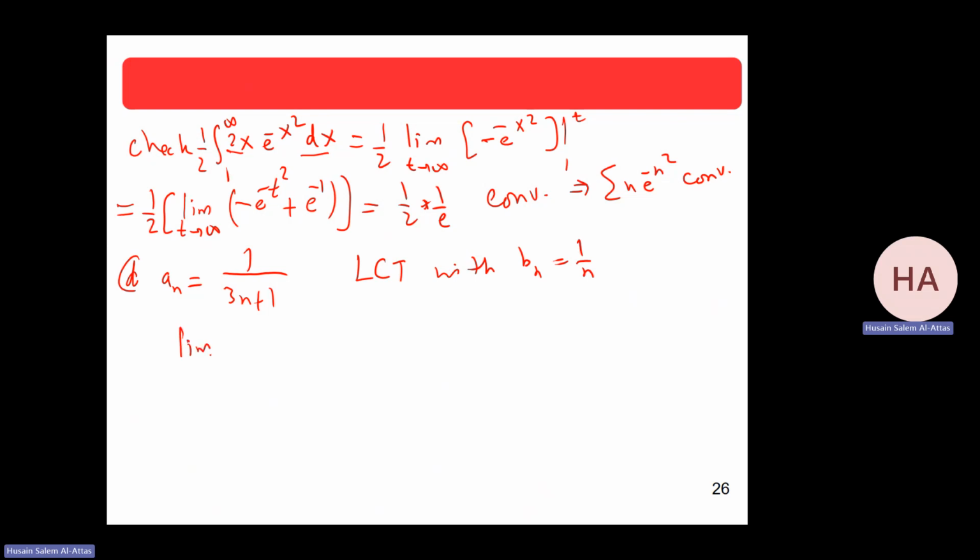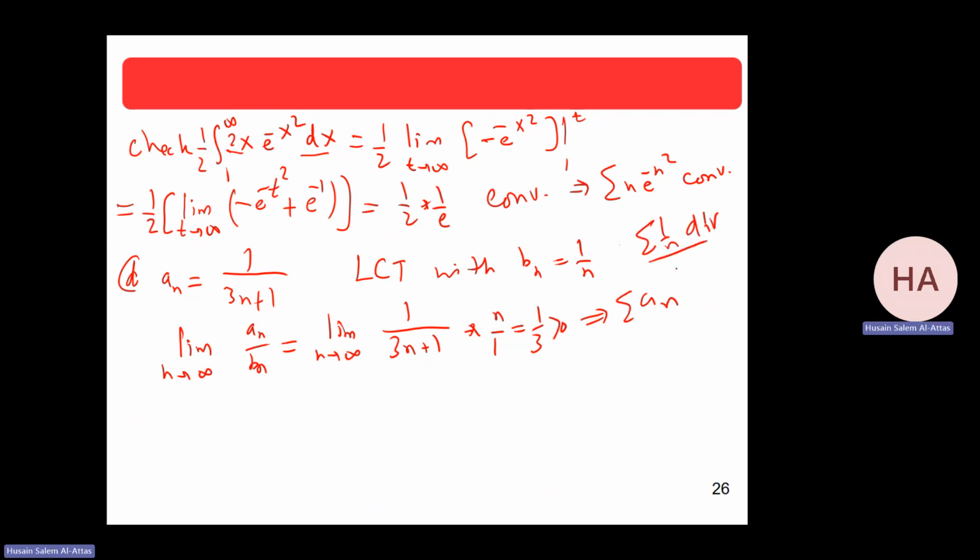So I have the limit as n goes to infinity of a_n over b_n. That will be the limit of 1 over (3n plus 1) times n over 1, which is 1 over 3, positive. I know b_n is the divergent harmonic series, then that means this series diverges.